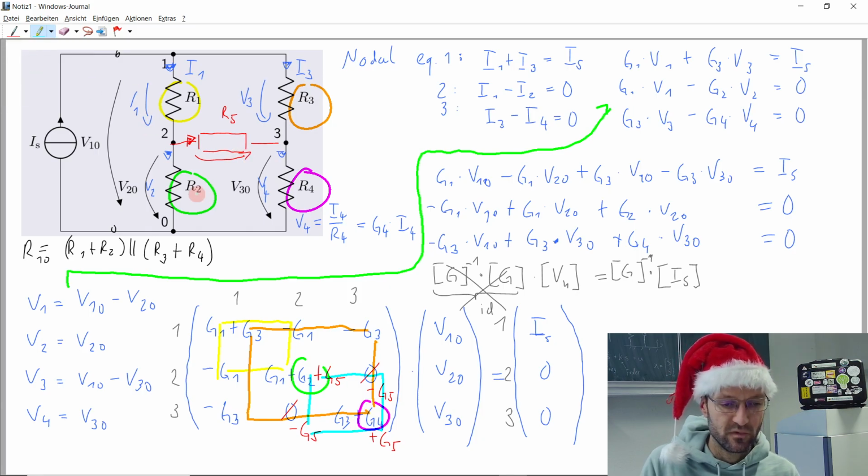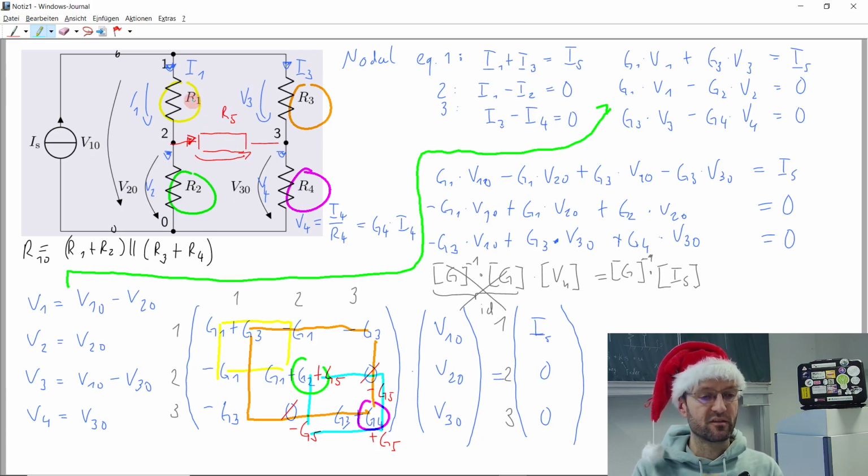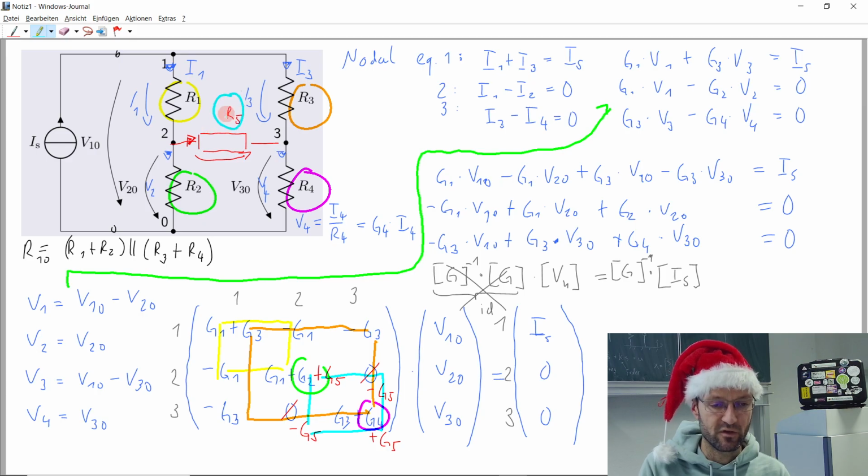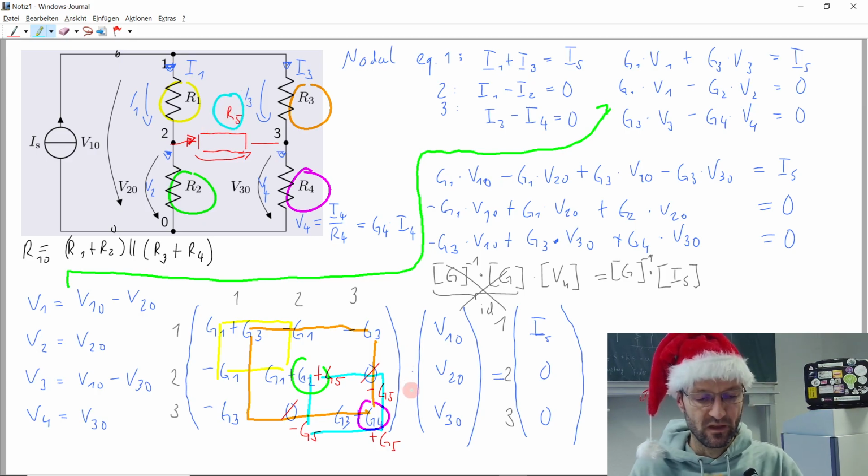So if a resistor is not connected to the reference node, it will have 4 entries in this matrix. If a resistor is connected to the reference node, it will have just 1 entry inside this matrix.